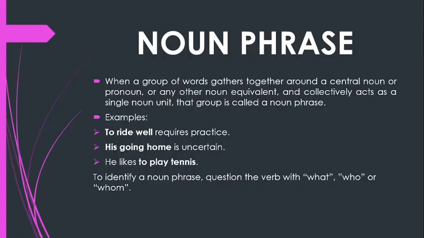Non-finites are okay. Participles okay. Gerunds okay. But remember, no finite verb should be there. "To write well," "going home," "play tennis" preceded by "to." All these things, gerunds, non-finites, they all provide us the noun phrase.